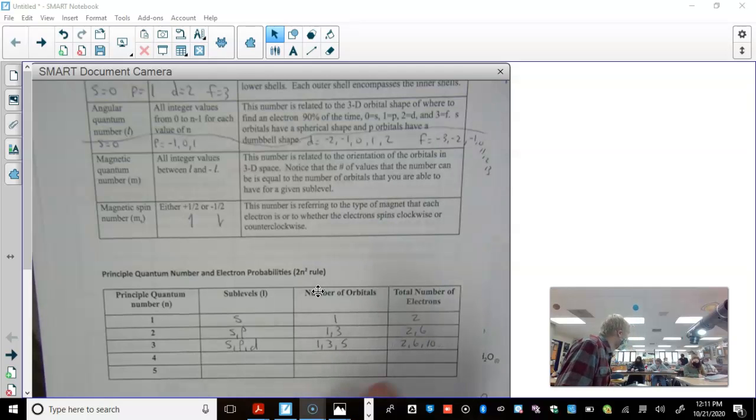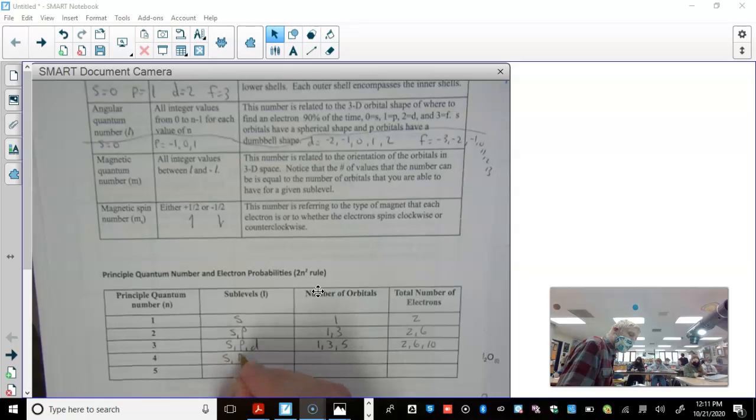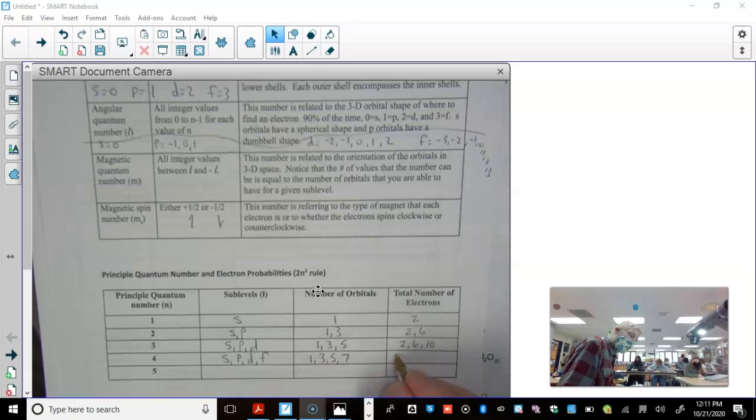All right, 4. Can you have an F in the fourth energy level? Yes. So it's in the 6th row, but we call it 4F. So you can have all of those. We got 1, 3, 5, and 7 for F, each with a total of 2 electrons, 6 electrons, 10, and potentially 14.